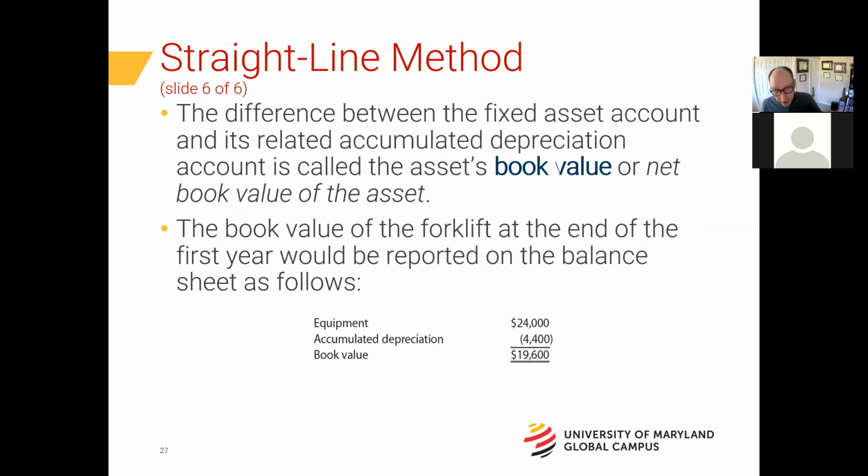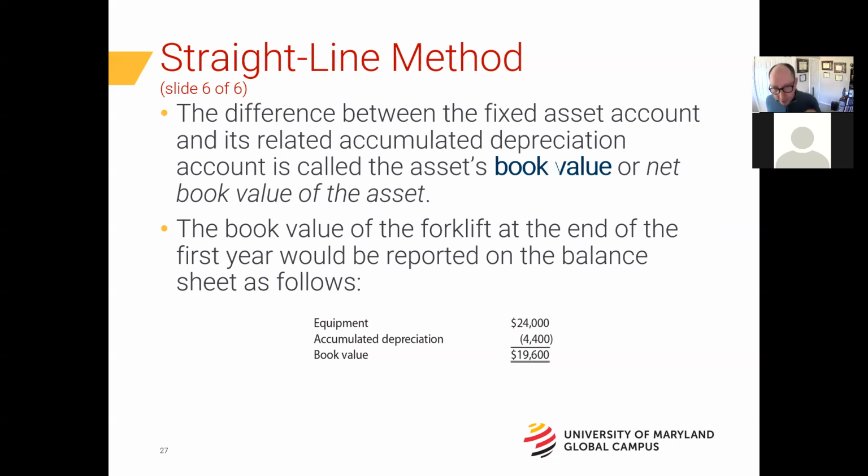Now the reason why we use accumulated depreciation as an asset account that is contra is we don't ever just reduce, we don't just take away from the equipment. We don't say, oh, just subtract it off of the balance sheet. No, you can't do that.